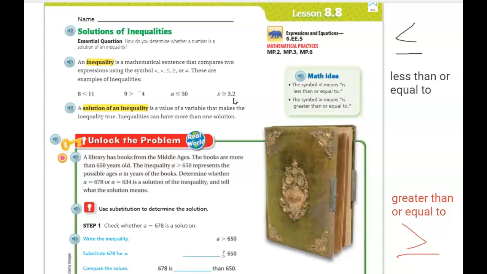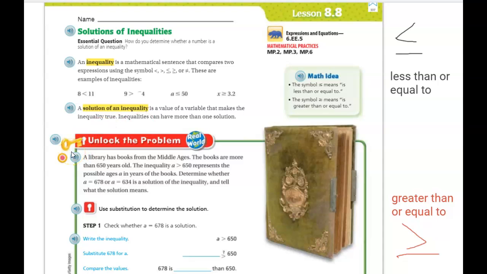So possible values for X could be 3.2. It could also be 4. A solution of an inequality is a value of a variable that makes the inequality true. Inequalities can have more than one solution.